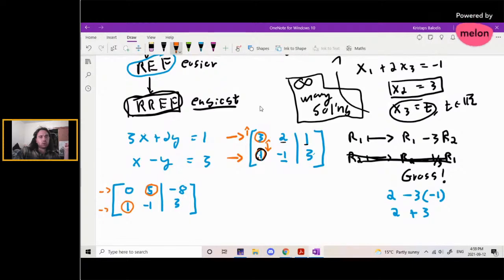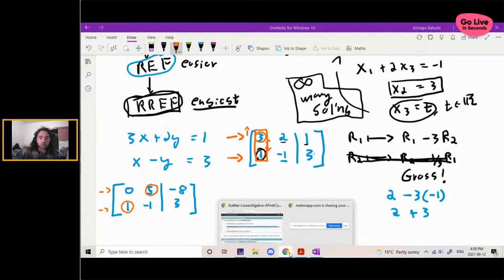Oh, wait a second. The matrix operations we just did were to try to solve this problem, and I mean, we stopped the two leading entries from being on top of each other. So I guess that's good.